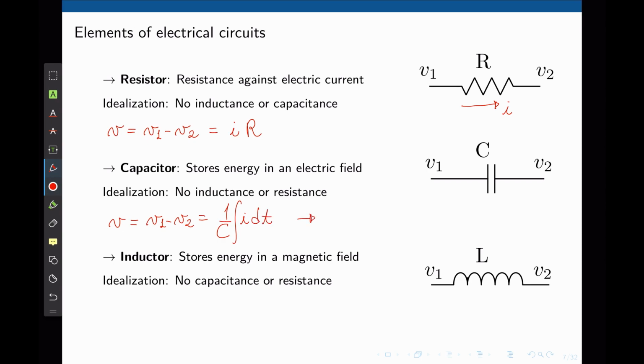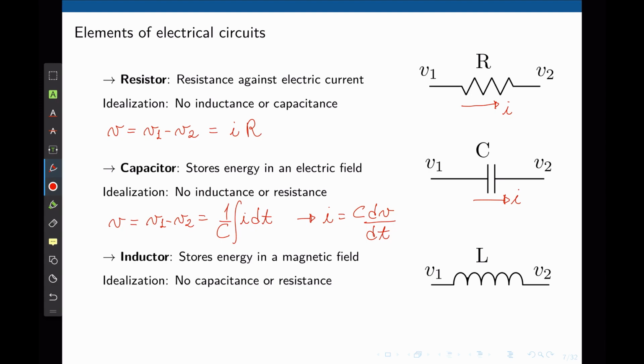If you reverse this equation, we can say that the current in the capacitor I is C times the derivative of the voltage. Looking at this equation, we can see, for instance, that if the voltage is DC, is a continuous voltage, dV/dt is 0, the current through a capacitor in a DC circuit is 0.